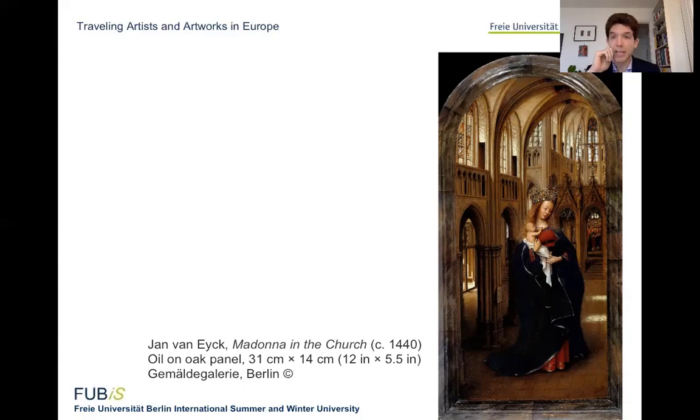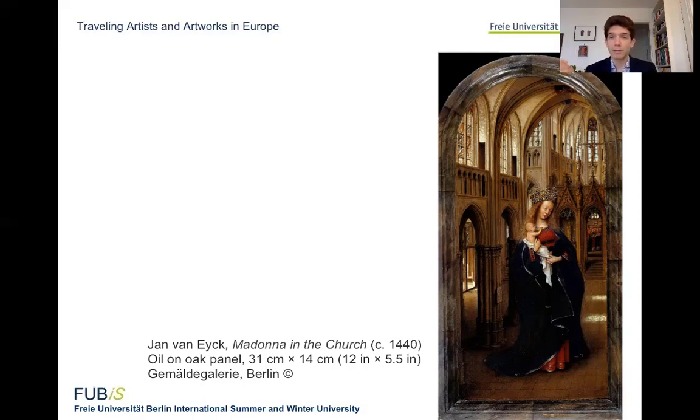This meticulous attention to recording the exact surface appearance of people and objects is probably one of the hallmarks of Flemish panel painting in the 15th century. At the same time, it's very important to consider that this naturalistic attitude is associated here also with a strong symbolic meaning.